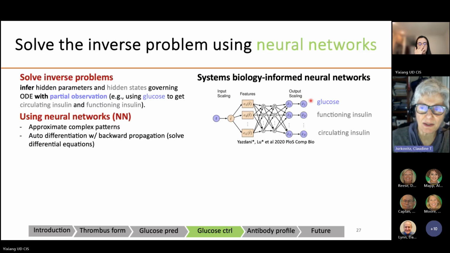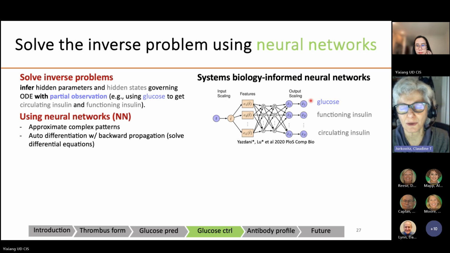It seems that in your model, in the solved inverse problem, glucose is the marker for the production of insulin, right? But wouldn't you have insulin production before the glucose even goes down or up? I guess physiologically the insulin reacts to the glucose level. That's true.